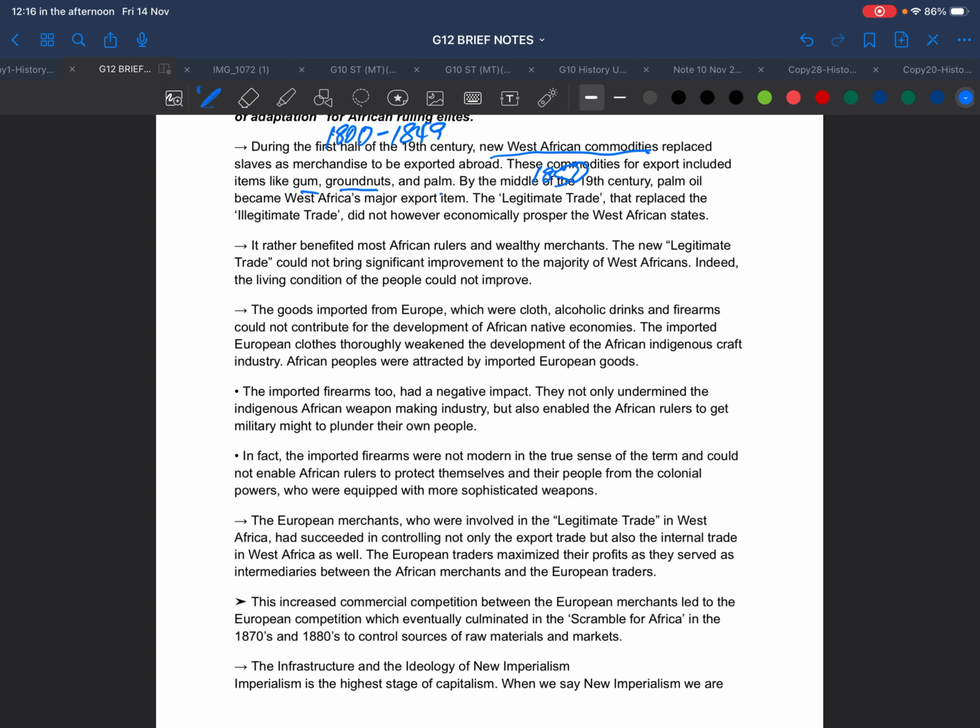The palm oil was highly demanded by European merchants to transport it and sell it to American markets, even European markets, I could say. The legitimate trade that replaced the illegitimate trade did not, however, economically prosper the West African states.